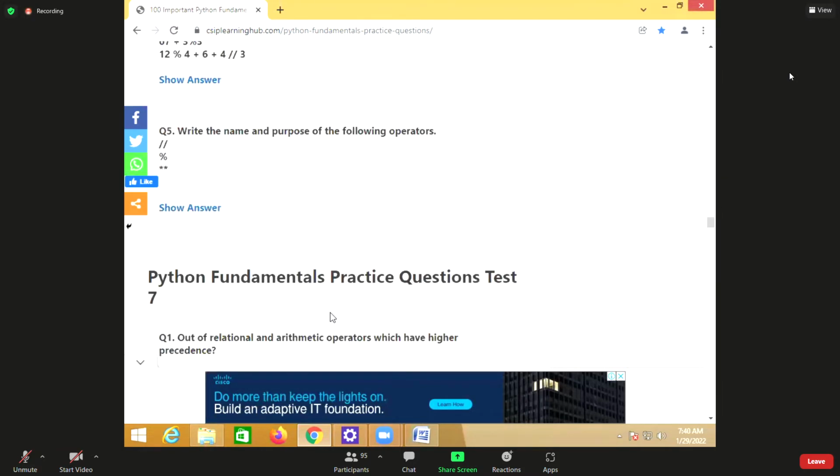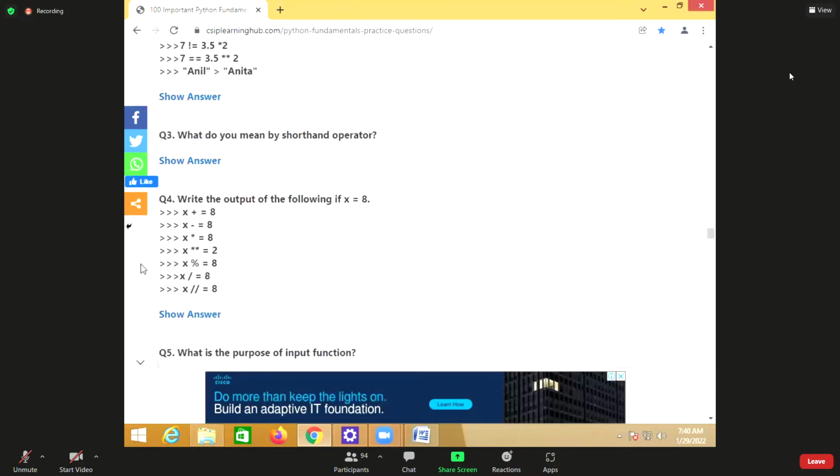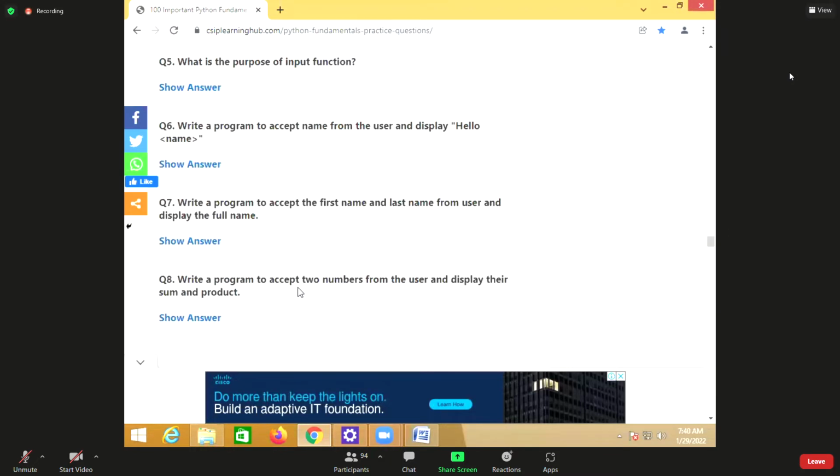So these are conditional and relational operators.